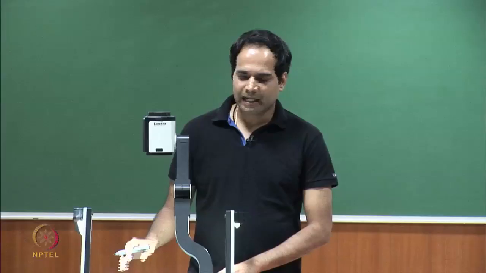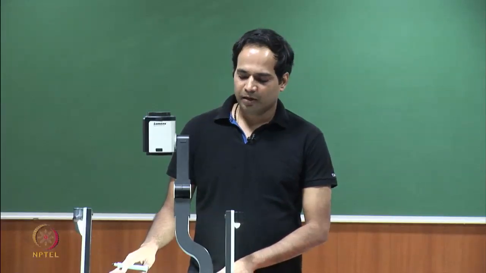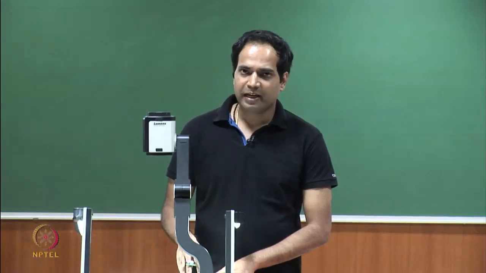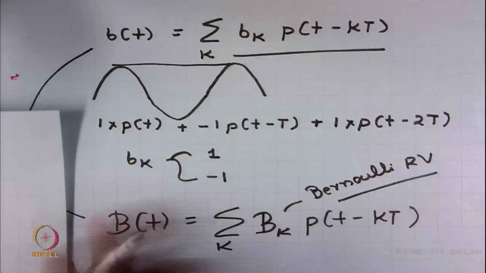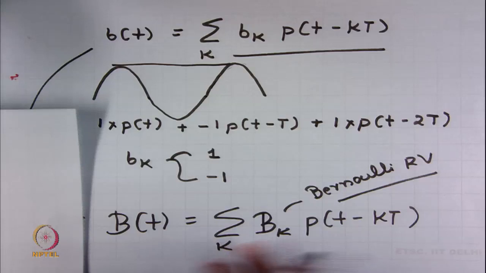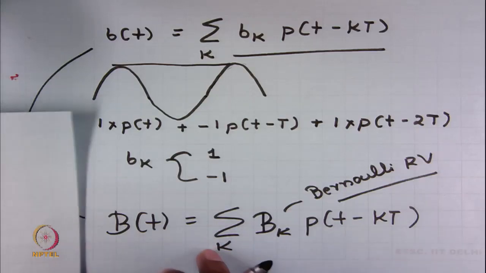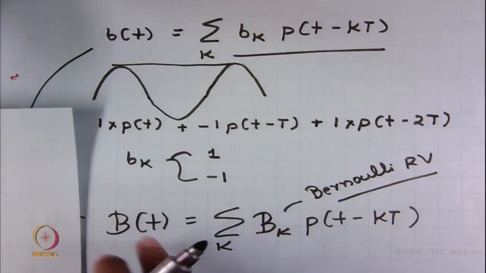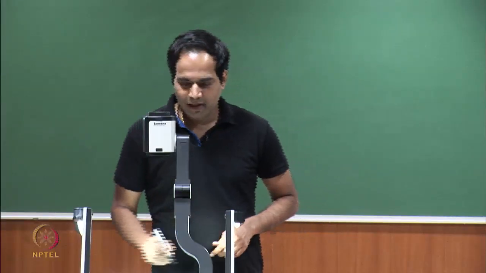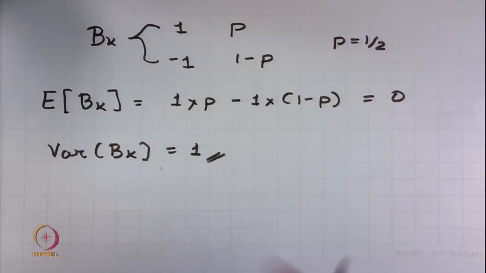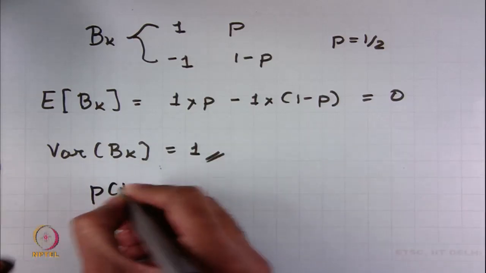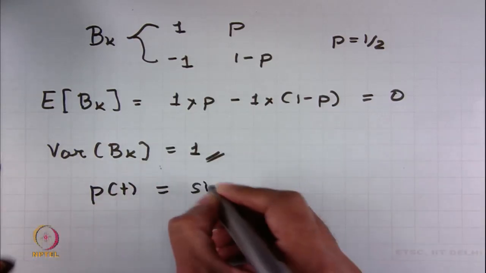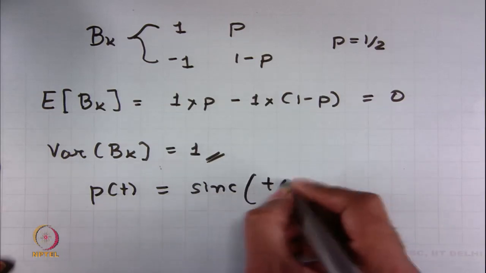So, this is yet another example of how thinking about a process in terms of orthogonal expansion helps us. We can also visualize and understand a binary PAM transmission by thinking about this in terms of orthogonal functions. Let us now try to make this a little bit more specific by assuming that the p(t) that I choose is nothing but a sinc function.